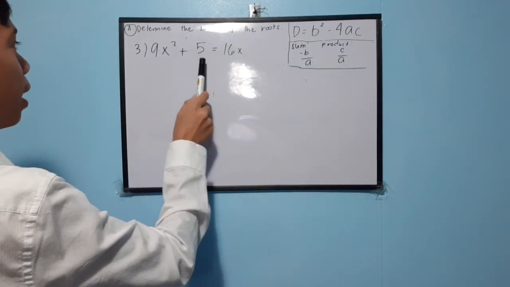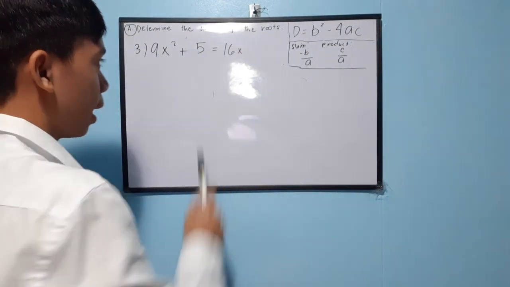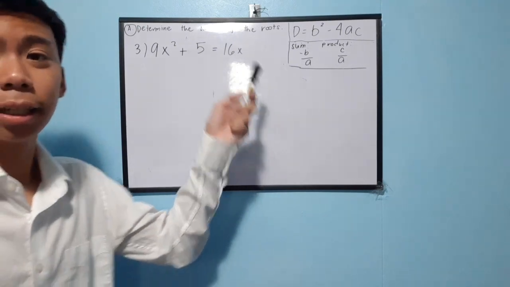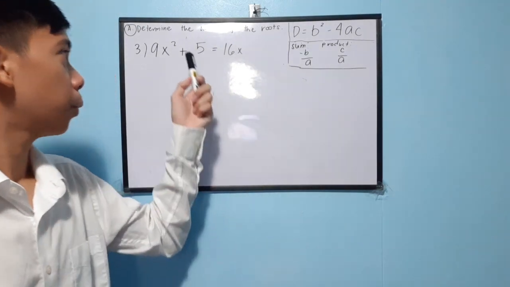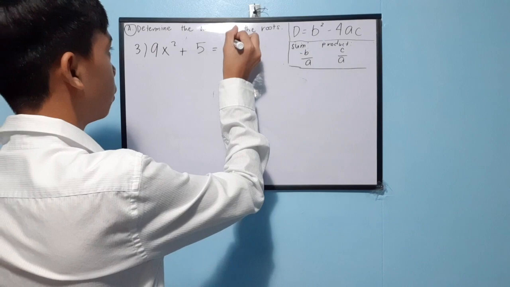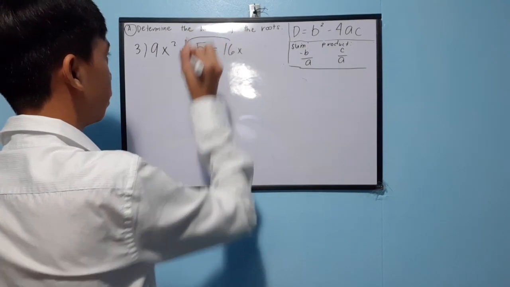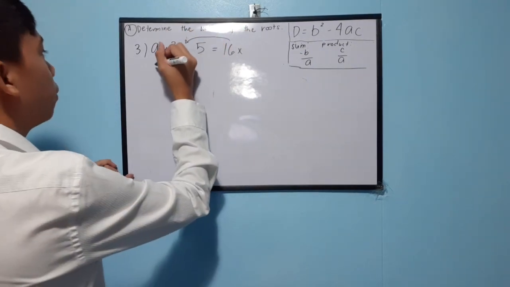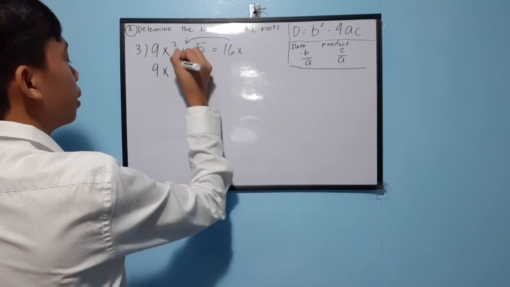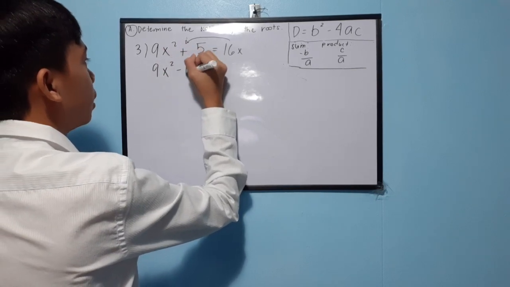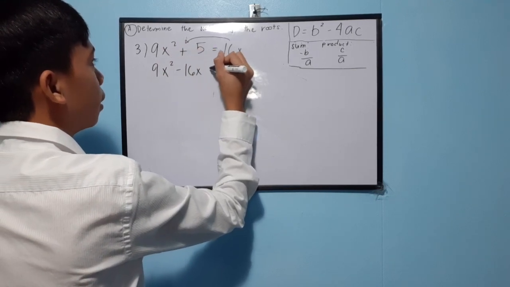9x squared plus 5 equal to 16x. And 16x needs to be transposed over here. Let's transpose 16x. So now this will be 9x squared minus 16x plus 5.